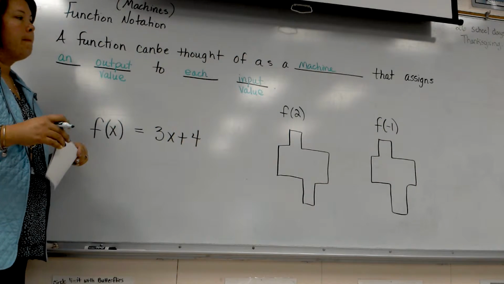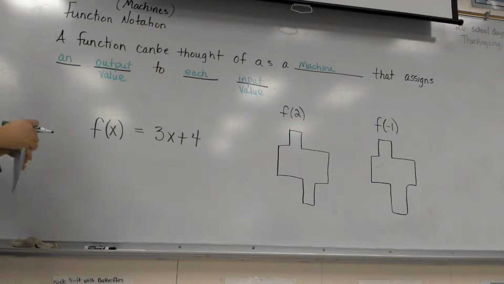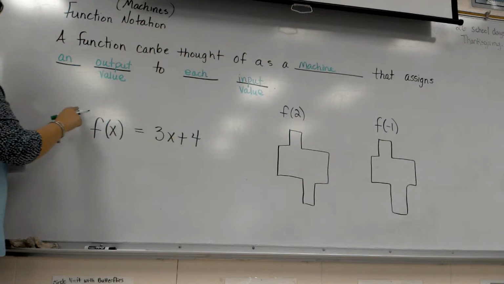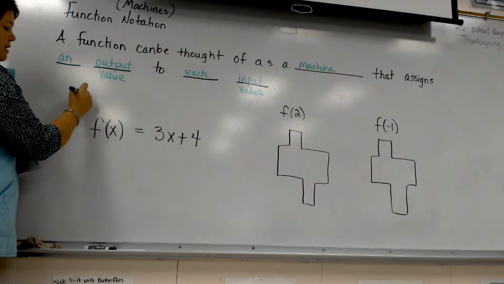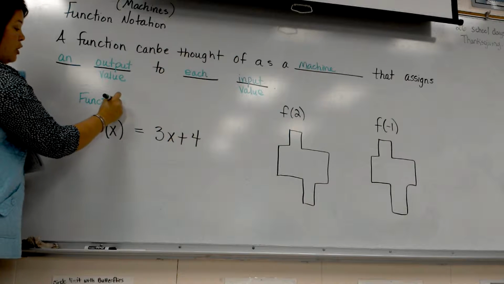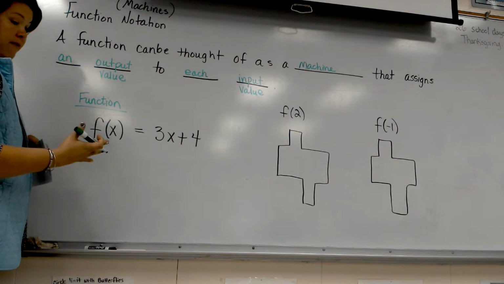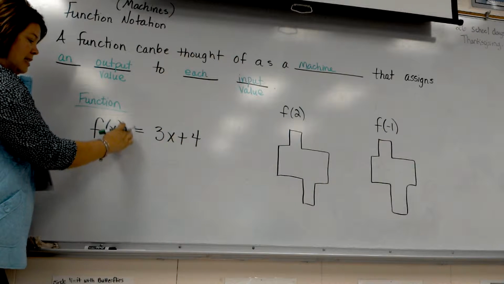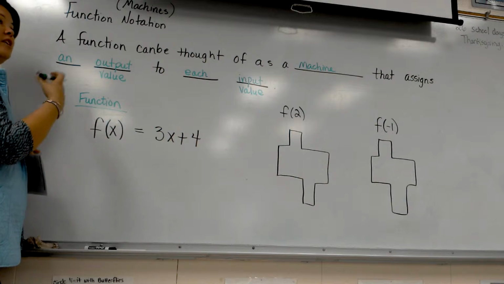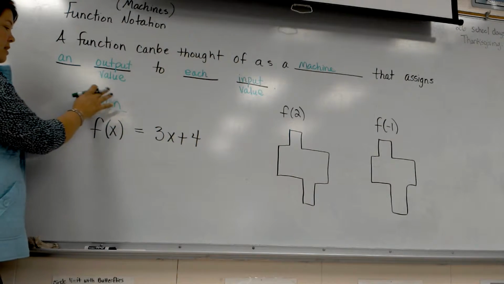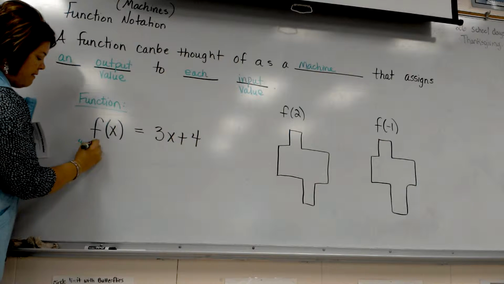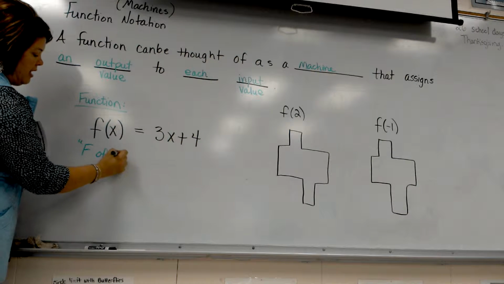All right? So we've talked about functions, and now we need to talk about some symbols and some notation. When you see this, it is the symbol for function. We are no longer asking you if you have a function. When you see this symbol, it's letting you know you're dealing with a function, and now we need you to do something with it. It is read f of x, okay?